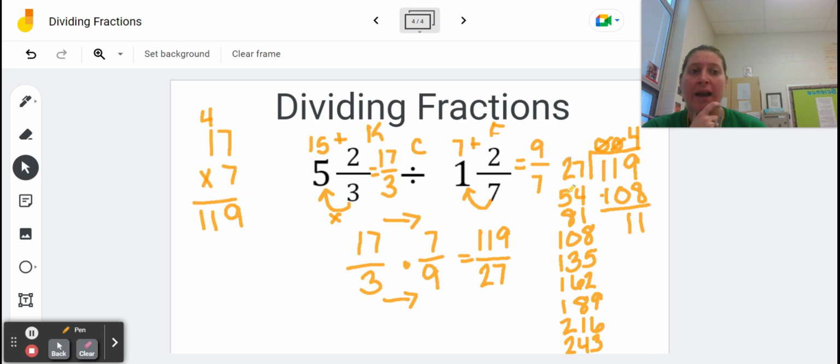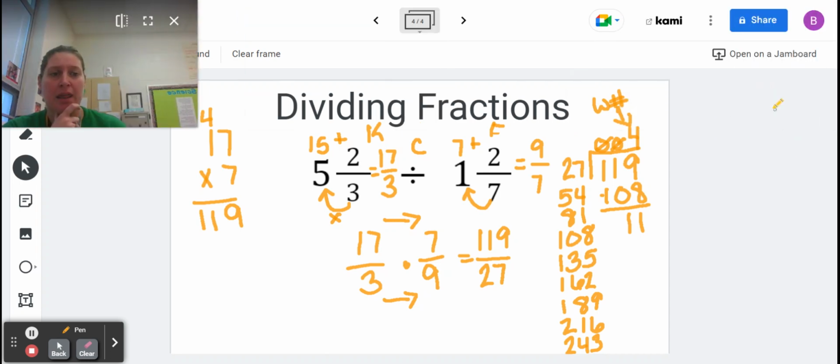So now I have my whole answer right here. So my answer, this 4 is going to be my whole number. I'm going to move my picture really quick. This 11 is my new numerator. That's the pieces I have left over. I have 11 pieces that do not fit into a whole number.